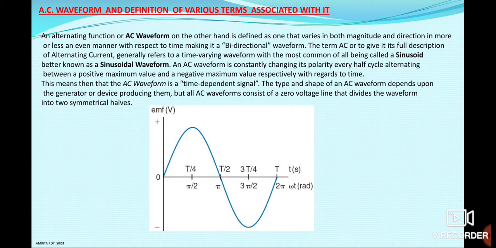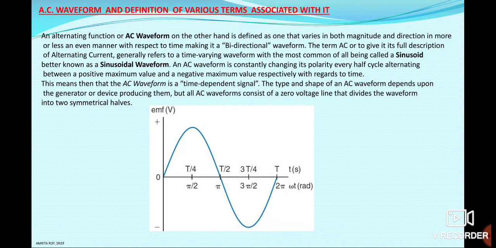In this case, the positive and negative half cycles are completed at 2 pi. So at 2 pi the waveform will start repeating again, that is, it will attain another positive half cycle. So from 0 to 2 pi the sinusoidal waveform has a time period of 2 pi.